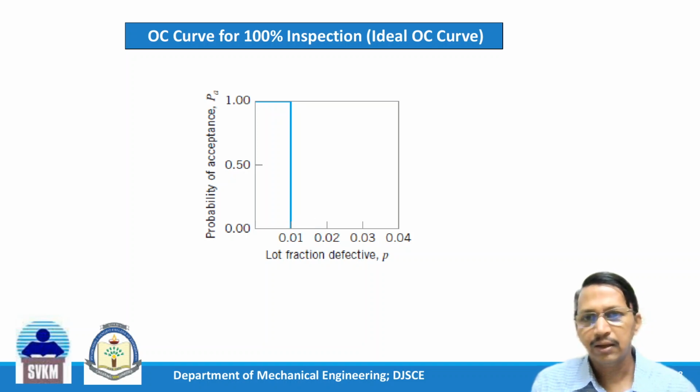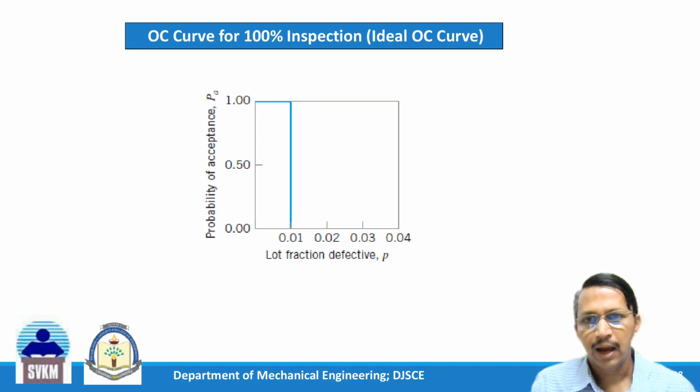Now you take this case, there is 0% defective, so it goes this way, 100% probability of acceptance, so probability of acceptance is 1. Then till 0.01 or 1% defective, all lots are accepted 100%.